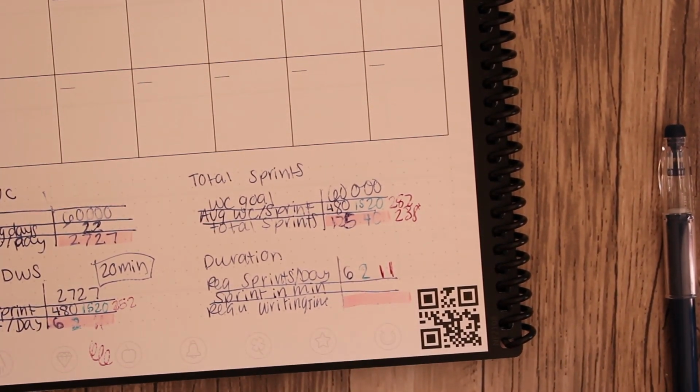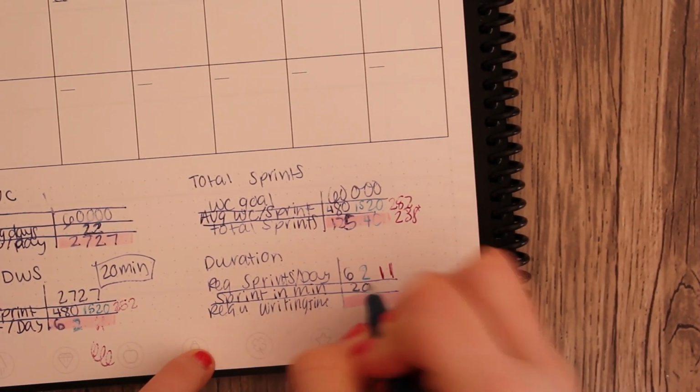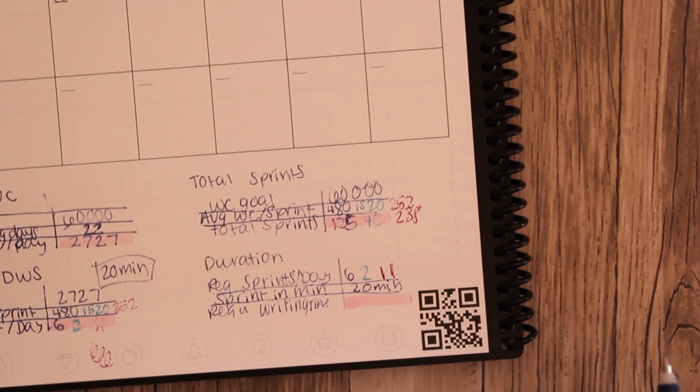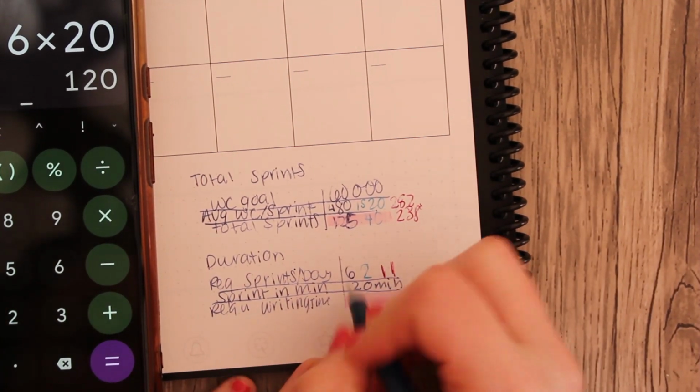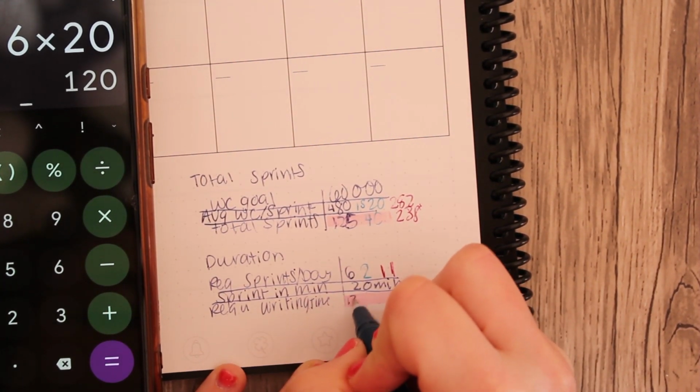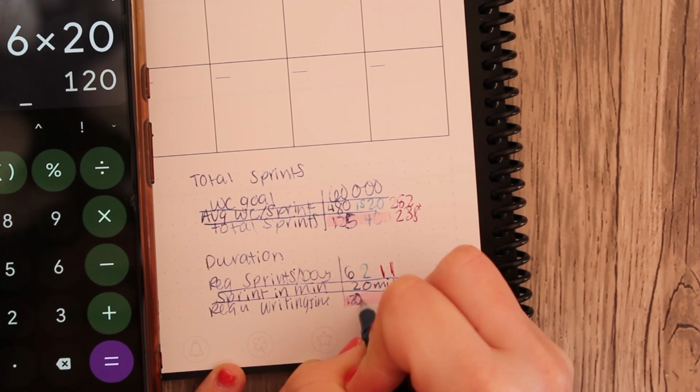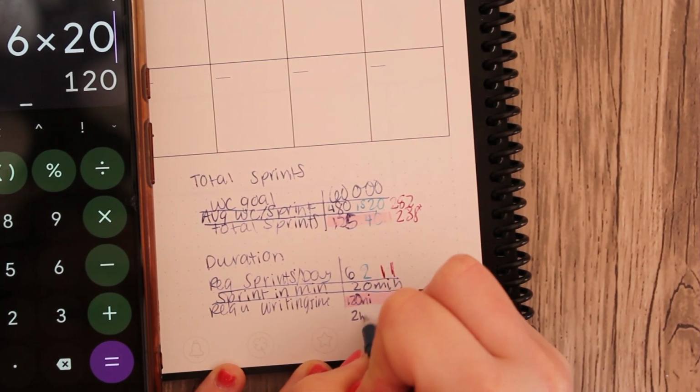Sprints per minute, we are looking at 20 minutes. So we have 120 minutes, which would be then 2 hours.